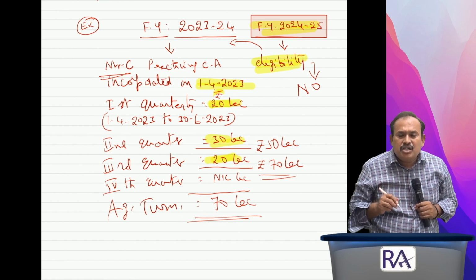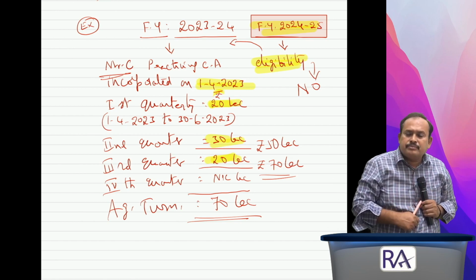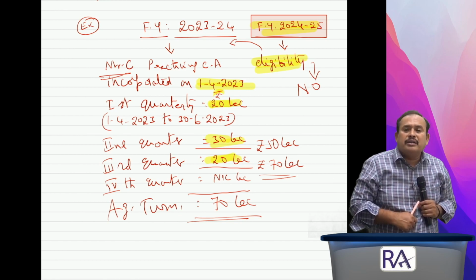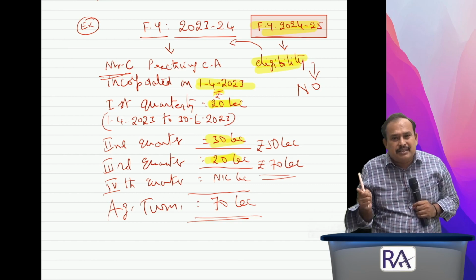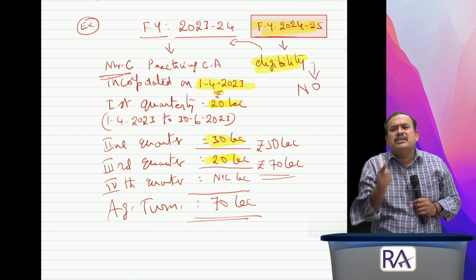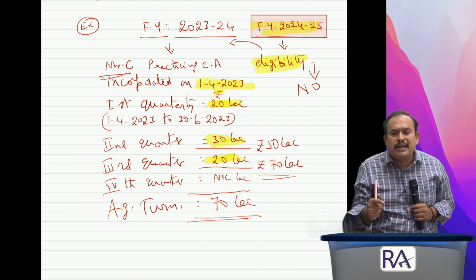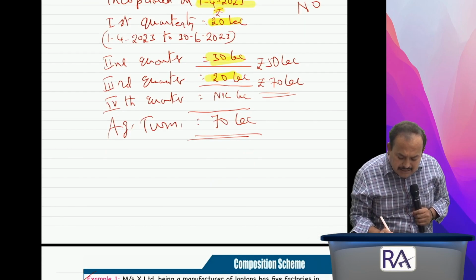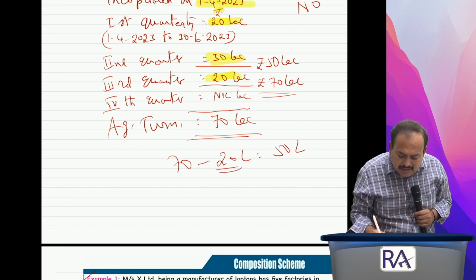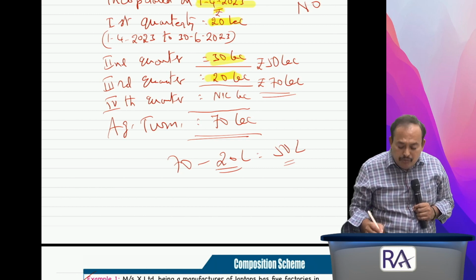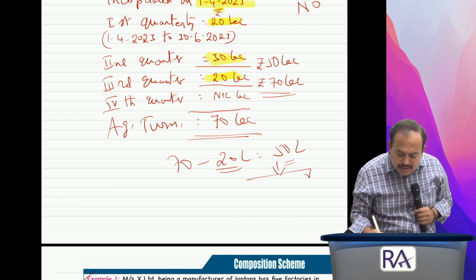In that you eliminate the turnover from 1st of April till the date liable for registration. How much? 20 lakhs, from 1st of April to 30th of June. Out of 70 lakhs, deduct 20 lakhs. Balance 50 lakhs.